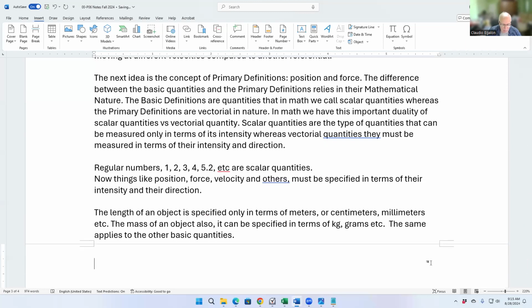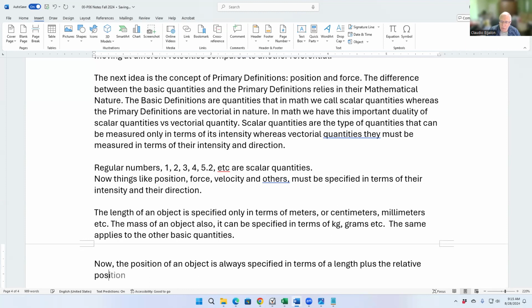Okay. Now, the position of an object is always specified in terms of a length, right? Plus the relative position of this object with respect to a given origin.